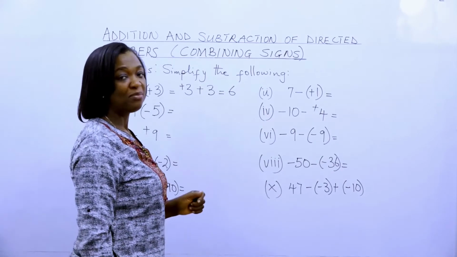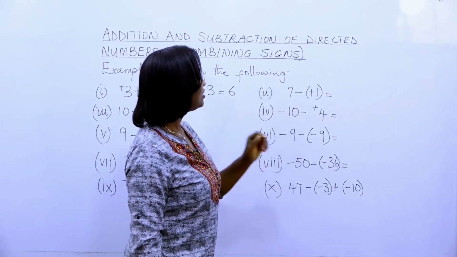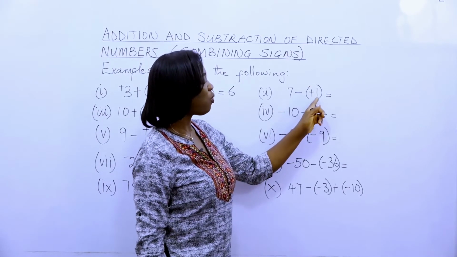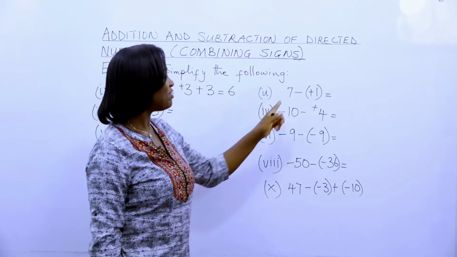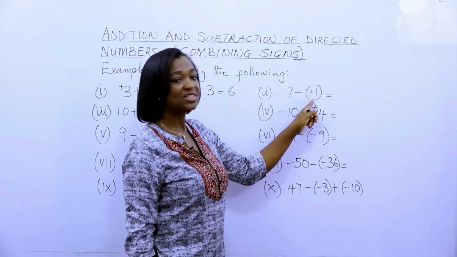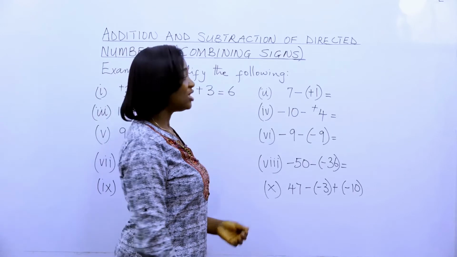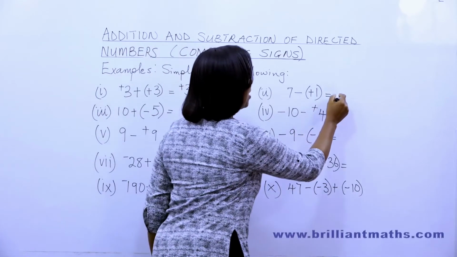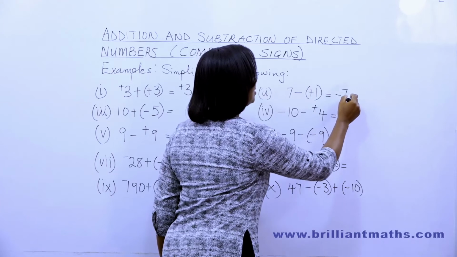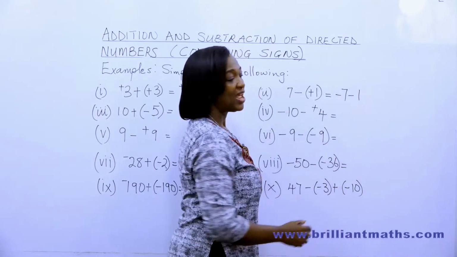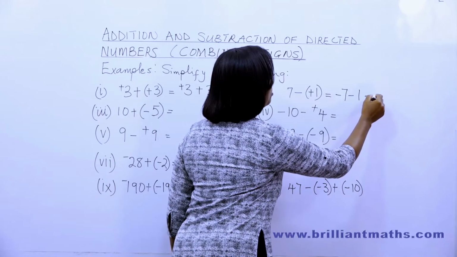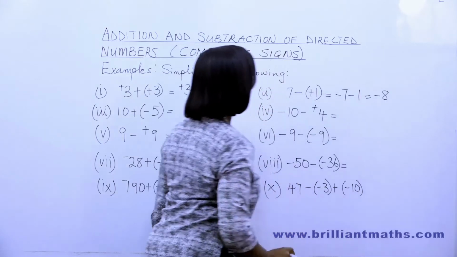For the next example, 7 minus plus 1. When you have a minus sign and a plus sign separated by a bracket, it actually means take away. So this means minus 7 take away 1. And the answer will be minus 8.